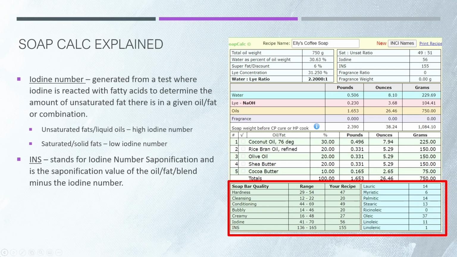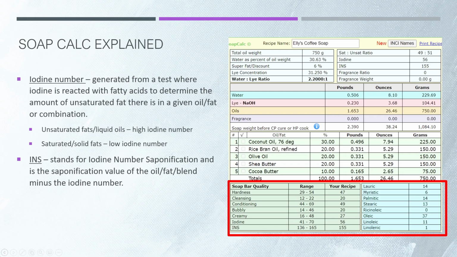The last 2 little things on the list there on the soap bar quality in Soapcalc are the iodine number and INS. I have to tell you, I completely ignore these 2 things. It's up to you whether or not you want to look at them. The iodine number is actually generated from a scientific test where iodine is reacted with the fatty acids in any oil or fat combination to determine the amount of unsaturated fat in that mixture.